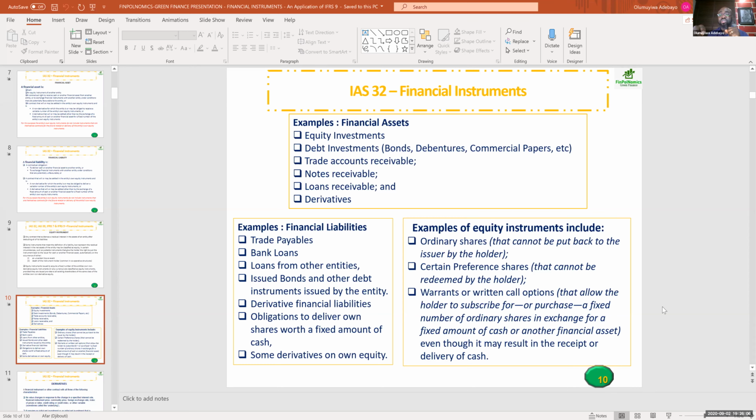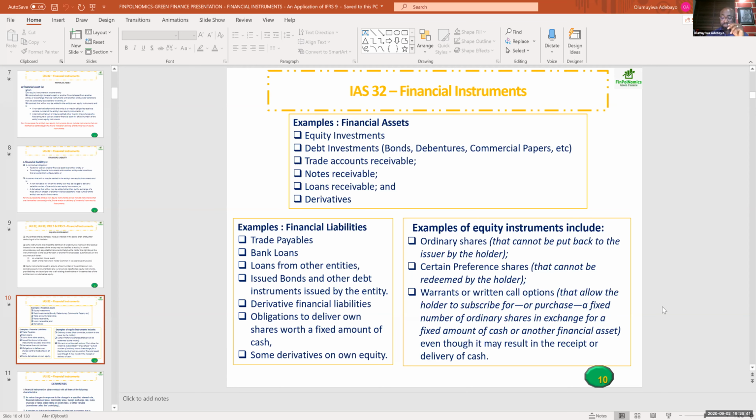Whenever you sell to others or render services and you have a receivable, such a receivable is a financial asset, or a note receivable or bills receivable. If you give a loan, whether as a financial institution or as a company, to any other party, you have created a financial asset. And lastly, is where you have a derivative asset. We're going to discuss derivatives extensively as we move on.